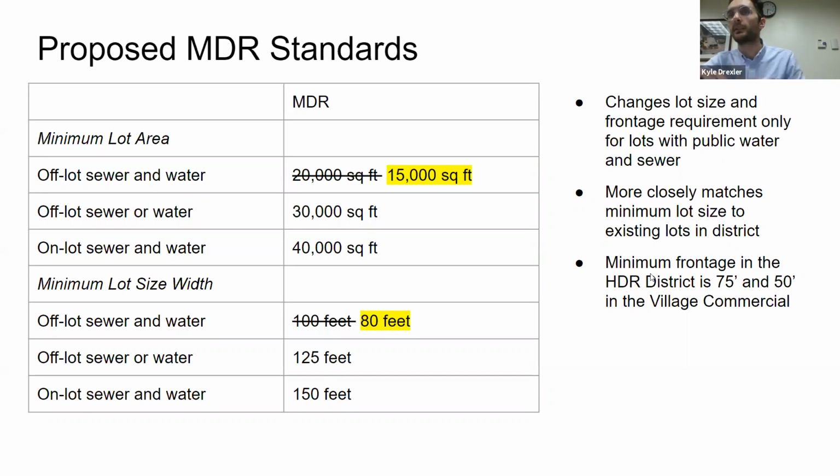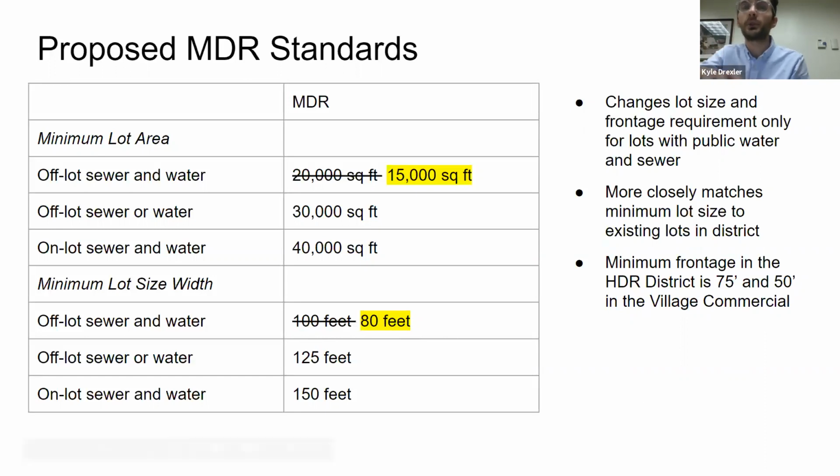This last bullet point speaks to the frontage concept. So reducing from 100 to 80, just to give some context, our high density residential district has a requirement of 75 feet of frontage, and our village commercial downtown district has a frontage requirement of at least 50 feet.